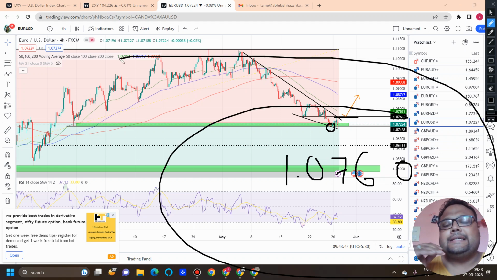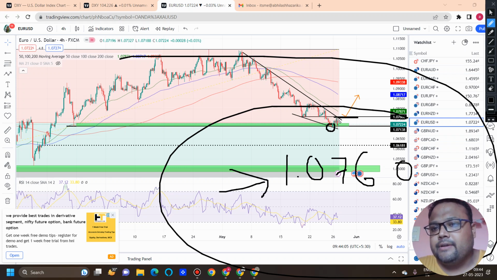If the market breaks this level here, then you can consider that okay, finally the time has come where we can see some recovery on the chart of Euro USD, because Euro USD is right now standing at a very crucial support with a falling wedge pattern. So there is a possibility that Euro USD may show some recovery. So if Euro USD breaks this level here, you can hope for a recovery on the chart of Euro USD.